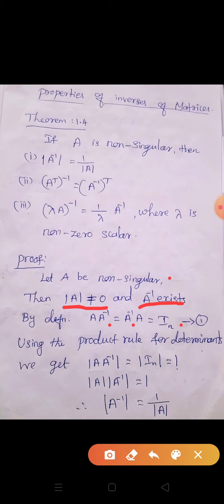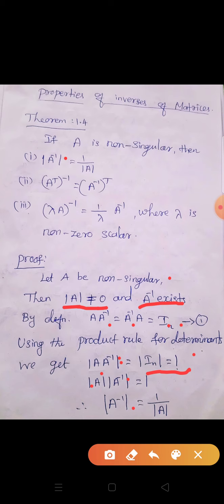Using the product of determinants, we take determinant of A into A inverse is equal to determinant IN. Determinant IN value is 1. Product of determinants, so determinant A into determinant A inverse is 1. Now we are going to find determinant A inverse.